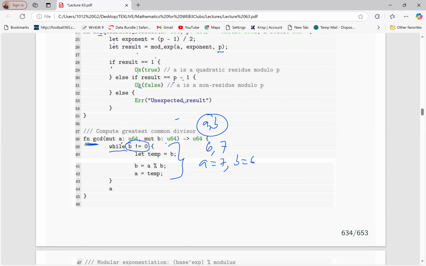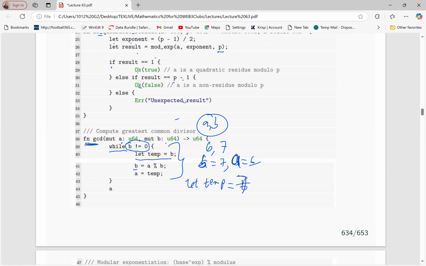So it's saying if B is not 0, you come inside here and say let temporary be B. We store it temporarily. Just a minute. Okay, in this case, B is 7 and A is 6. B is the larger one.